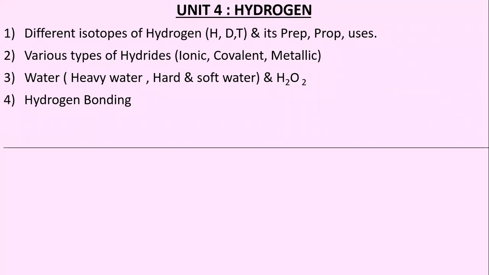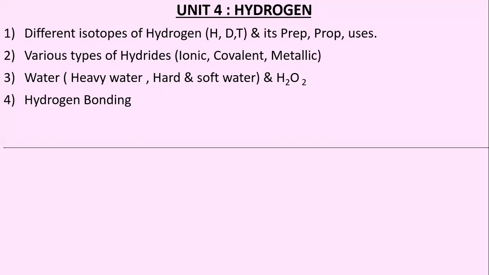The next will be the various types of hydrides like ionic, covalent, and metallic. Then water in different forms like heavy water, hard water and soft water, and last will be H2O2, which is nothing but hydrogen peroxide. Their preparation, properties and uses also come under this unit.